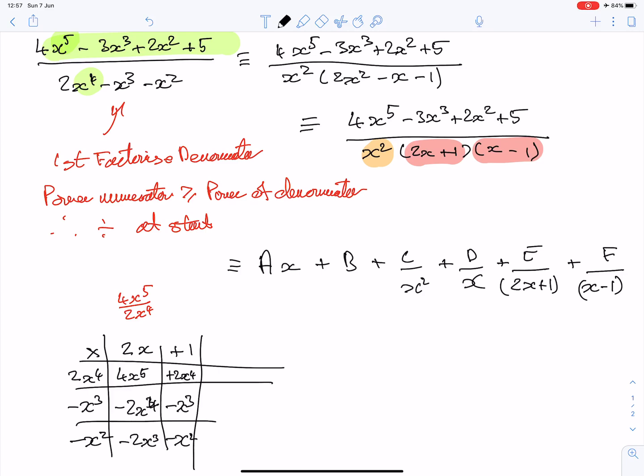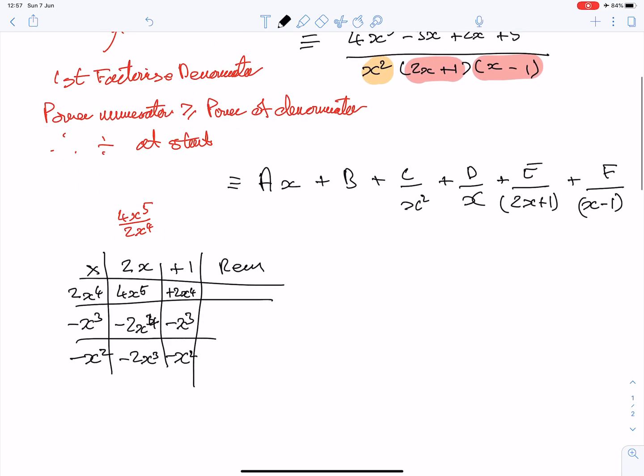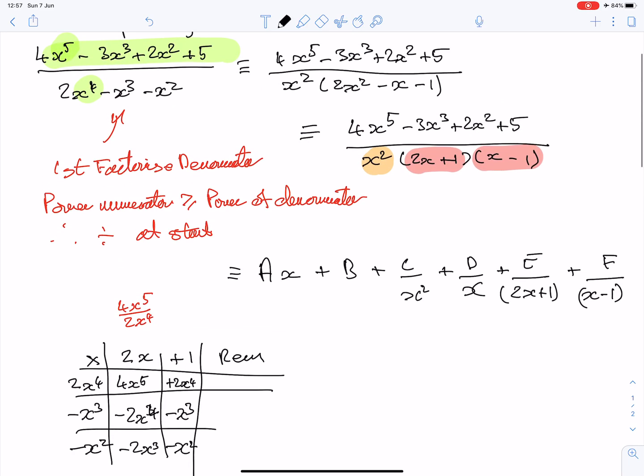So now we get our remainder. Well, what have we got? We've got 2x cubed minus an x cubed is minus 2x cubed minus an x cubed is minus 3x cubed. So we've got a remainder of 0x cubed.